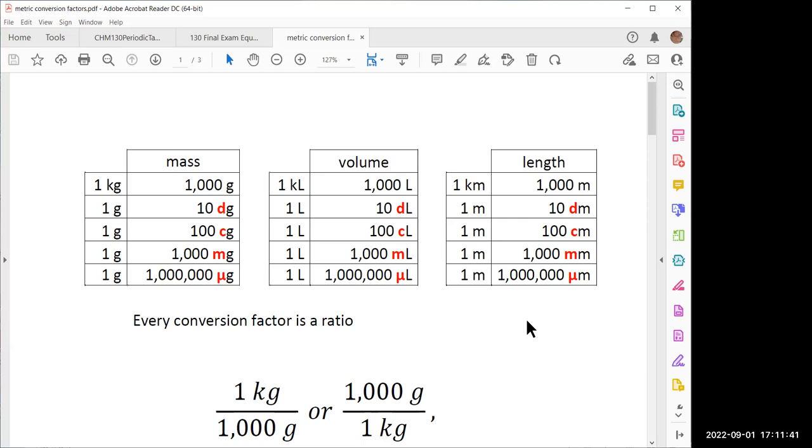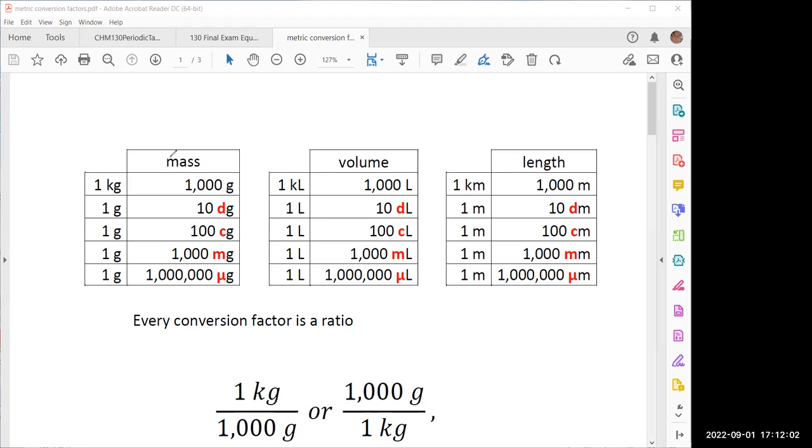In general, the main unit that we use for mass is grams, denoted by the lowercase g. Volume is denoted by the uppercase letter L for liters, and length is noted as a lowercase m for meters.